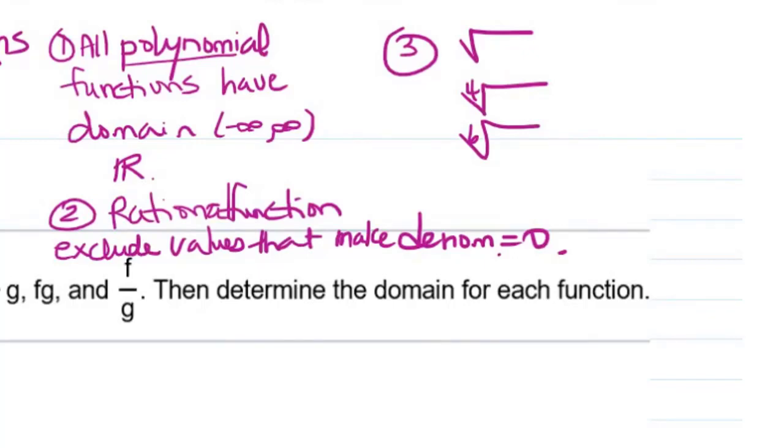So the values under here in the radicand must be greater than or equal to 0. Those are basically the only three domain scenarios that we have to deal with. So as long as you keep those three things in mind, at least in this class, you'll be good to go. Oh, except for when we later talk about logarithms, but we haven't gotten there yet.